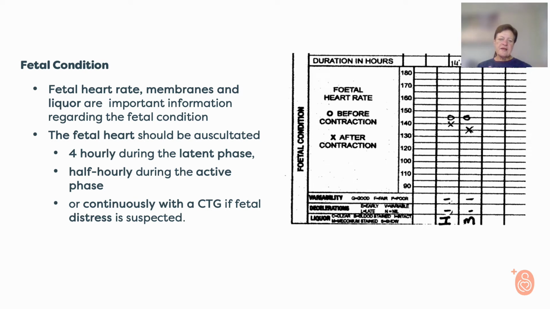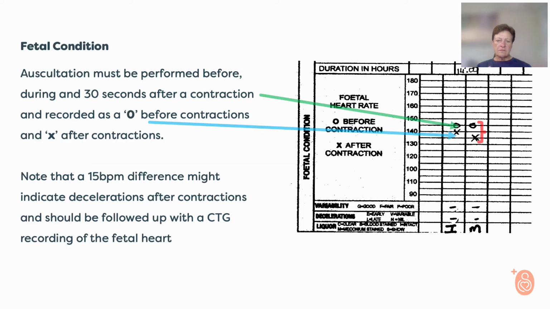So this is a fairly general principle of time intervals when we are assessing the fetal heart: 4 hourly in the latent phase, half hourly in the active phase, or continuously with the CTG if there are any problems and fetal distress is suspected.